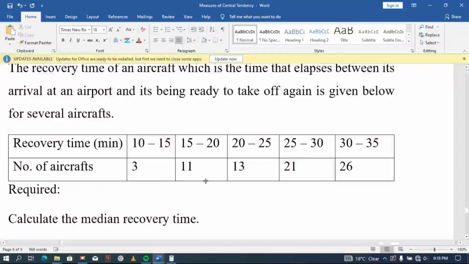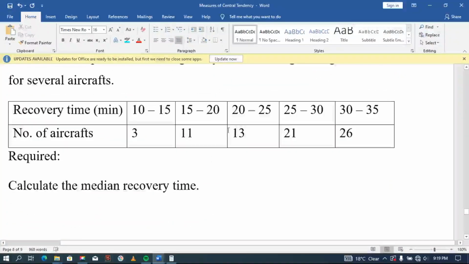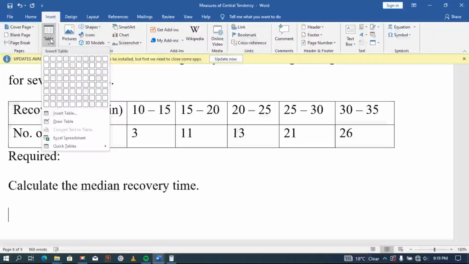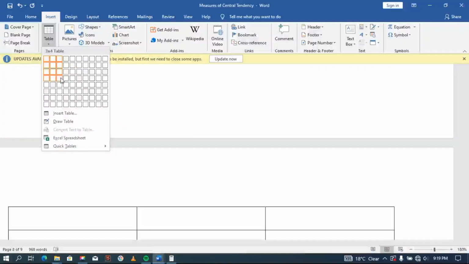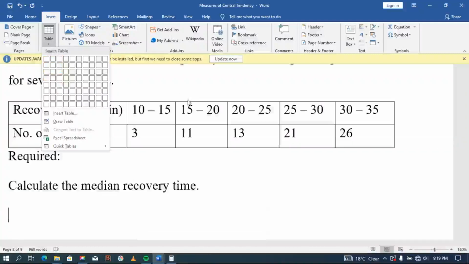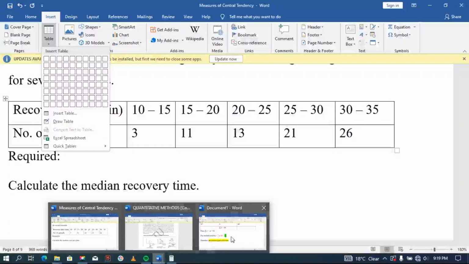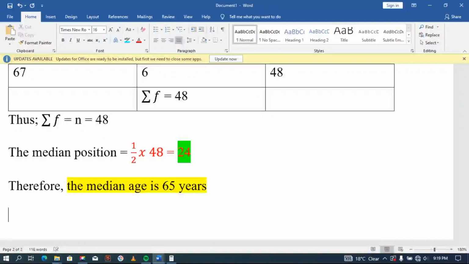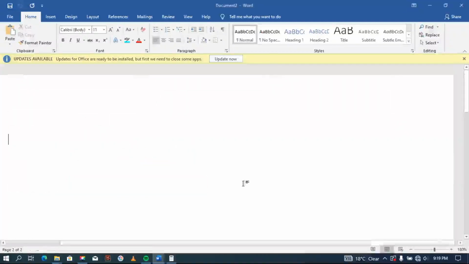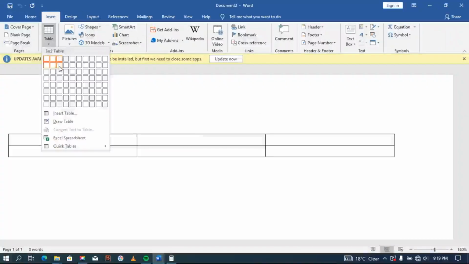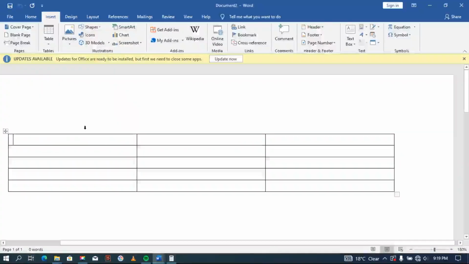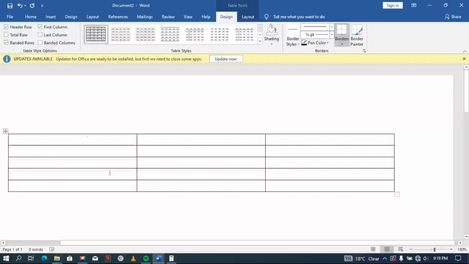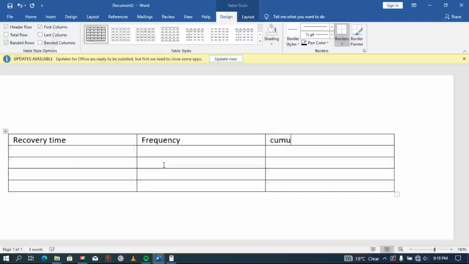So let's have a table. We shall have the recovery time, then the frequency, and then the cumulative frequency.